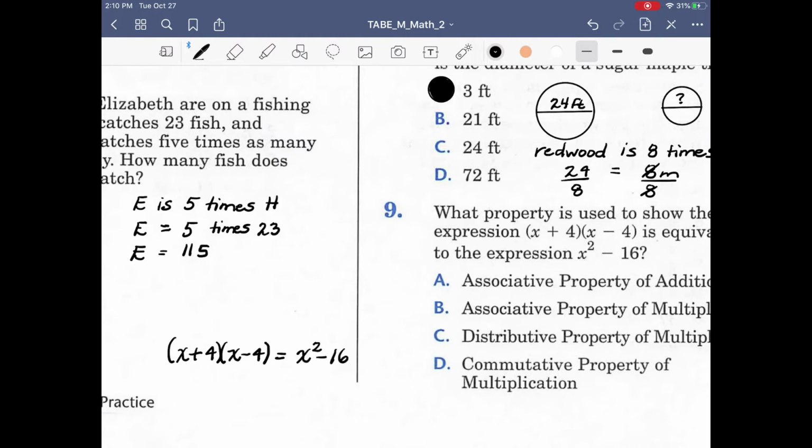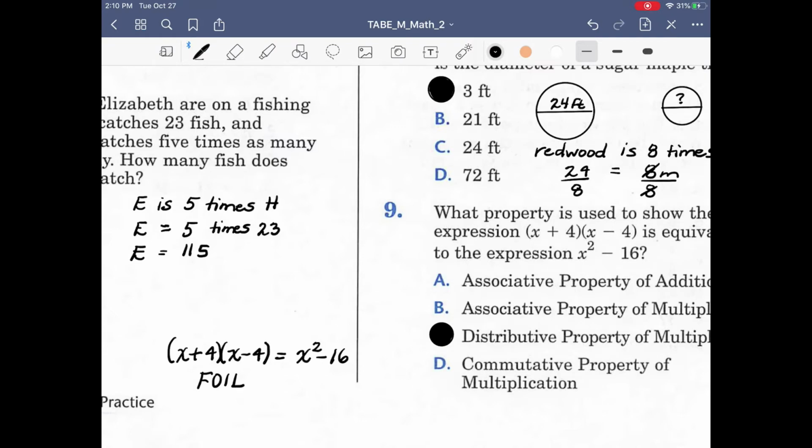Those are equal, but which property lets me do that? And that is going to be the distributive property. This is the FOIL process, where you multiply first times first, outer times outer. It is foiling, and that is a form of distribution.